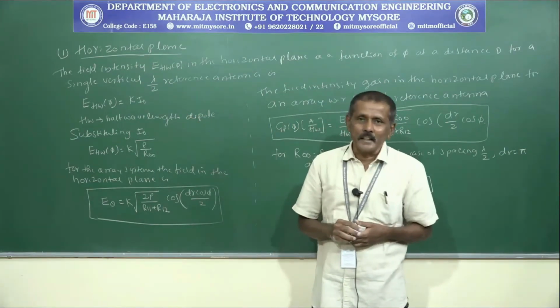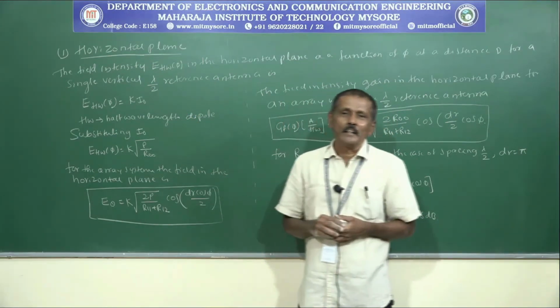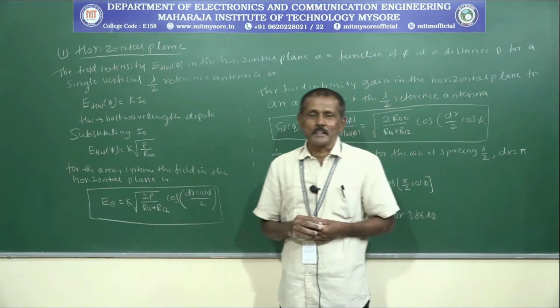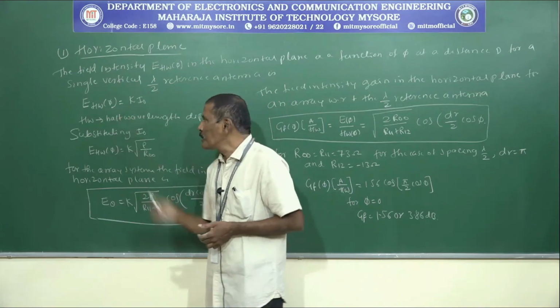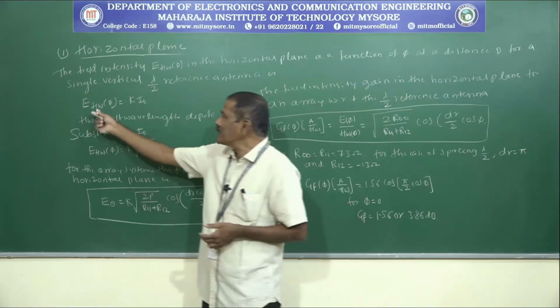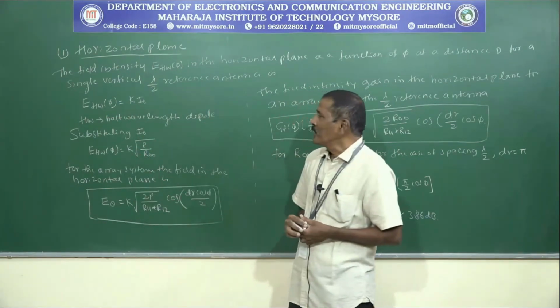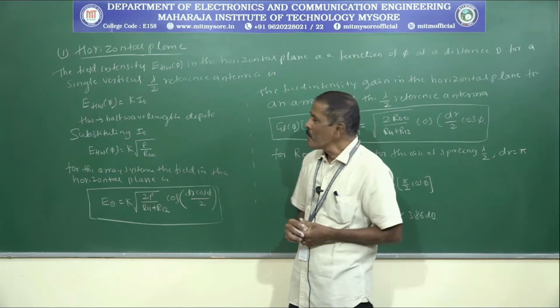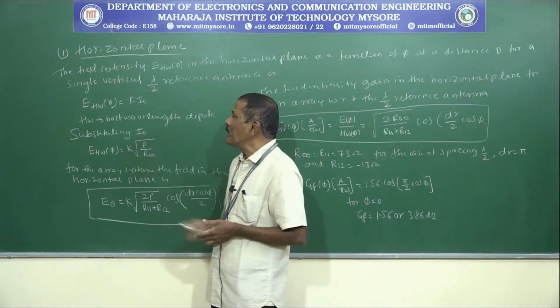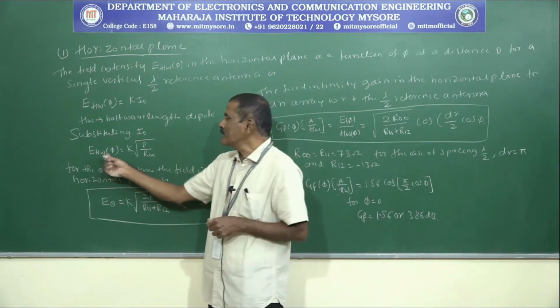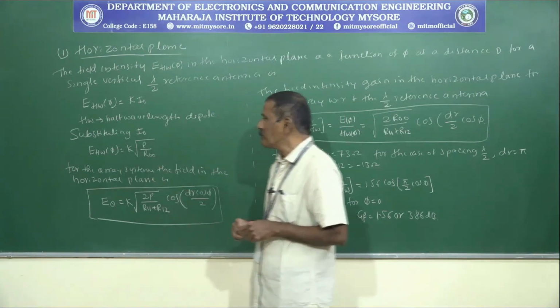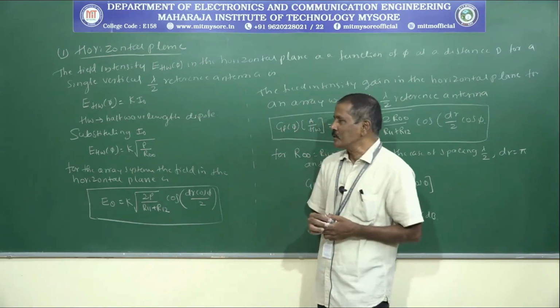For a single vertical lambda by 2 reference antenna, EHW of phi is equal to k into I0, where HW is half wave length dipole. Substituting the value of I0 from the previous equation, EHW of phi is equal to k into root of P divided by R00.